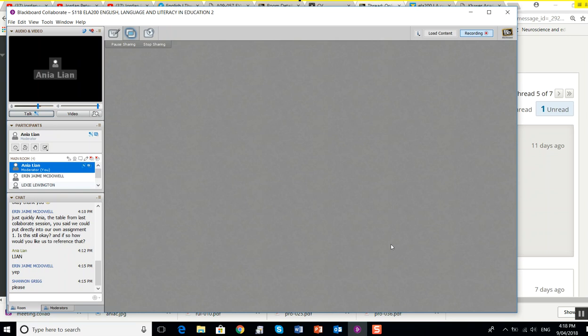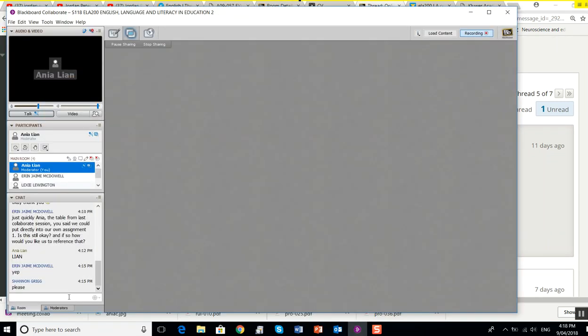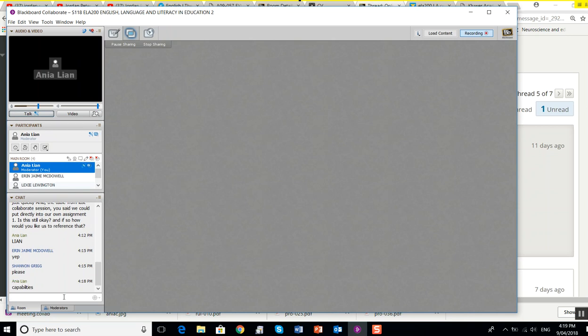Because what we will be looking at is, when we look at the Australian curriculum, we will first have to have a page ready. What we will need is an understanding of what capabilities are.